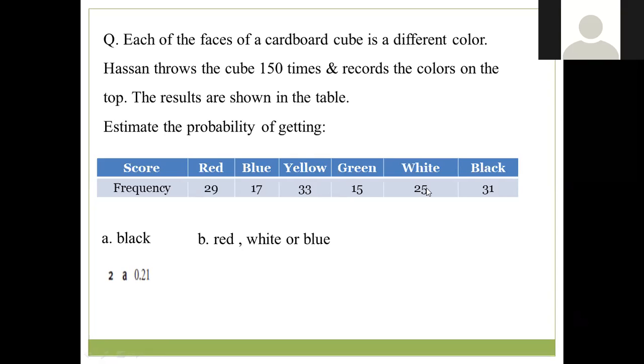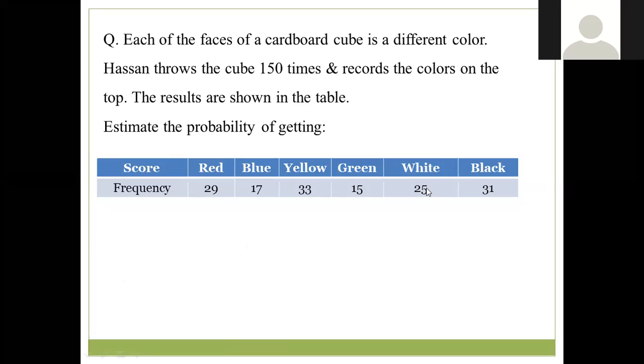Divided by 150, and this equals 0.41. The book has 0.41, and that is right. Excellent if you just round it to 2 dp. Thank you very much, Sarah.